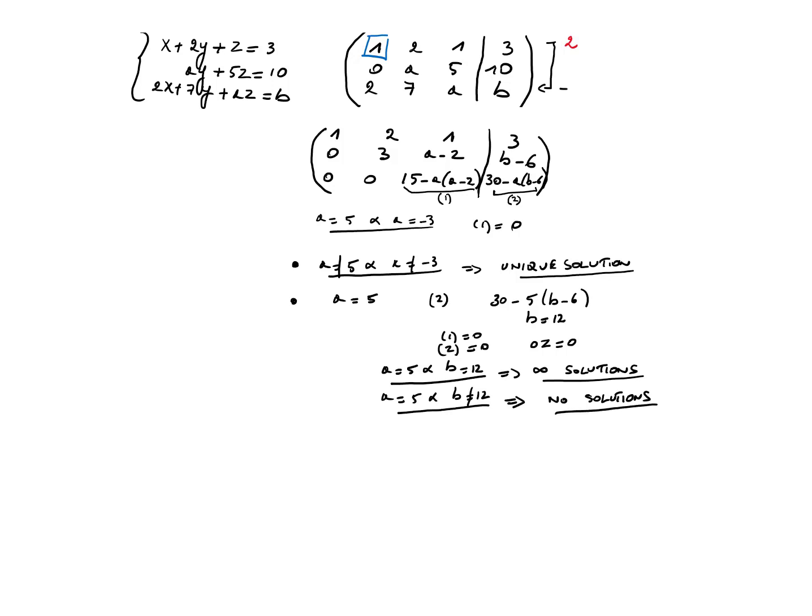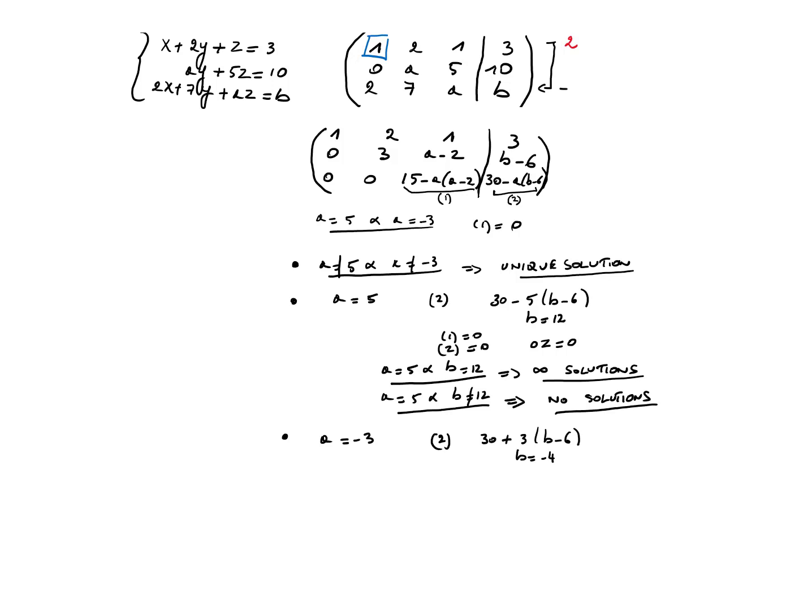Okay, so we have to do something similar with a equal to -3, and then 2 becomes 30 plus 3 times b minus 6, and there is a special value that makes this one 0, and it's b equal to -4.